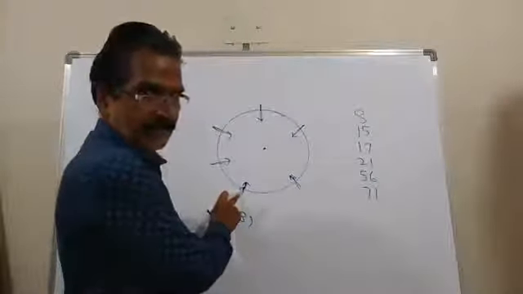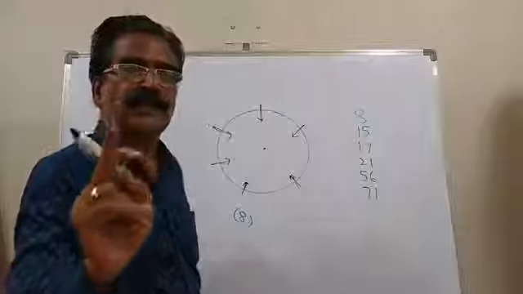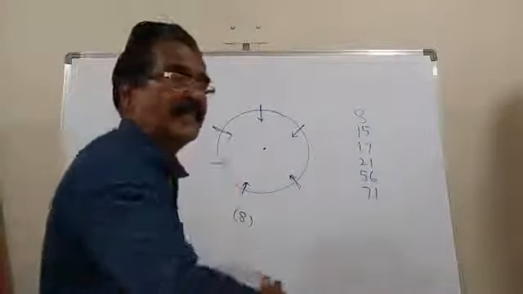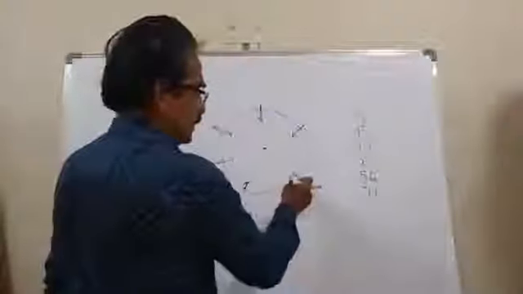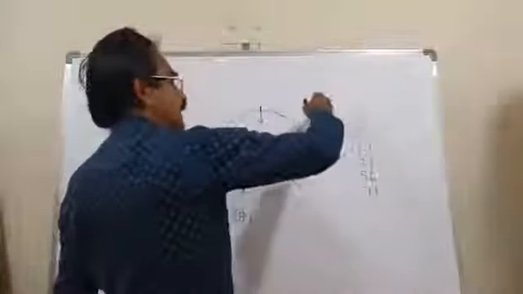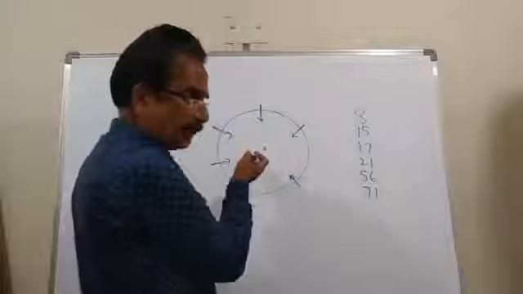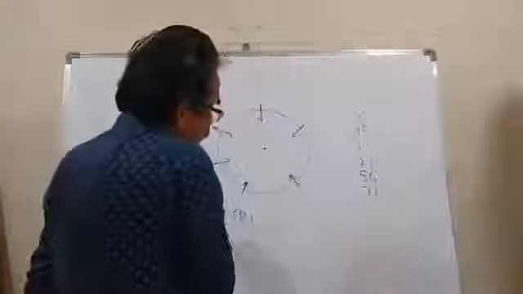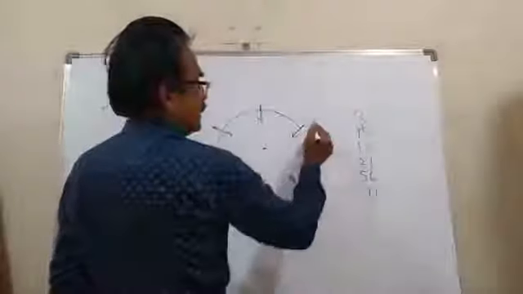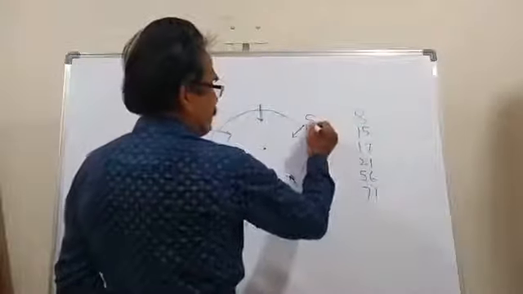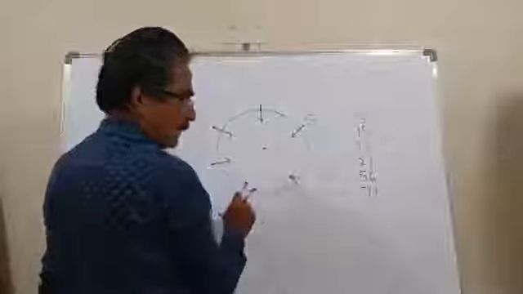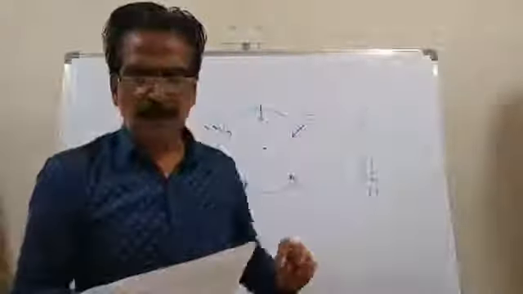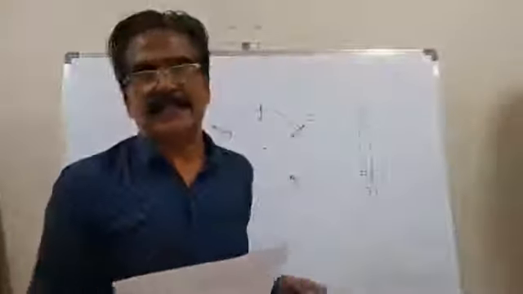Now S sits second to the right of this person. This is first right, this is second right. People are facing the center, so right means this side, left means this side. So S sits second to the right of the person who scored 8 runs. U sits adjacent to S.